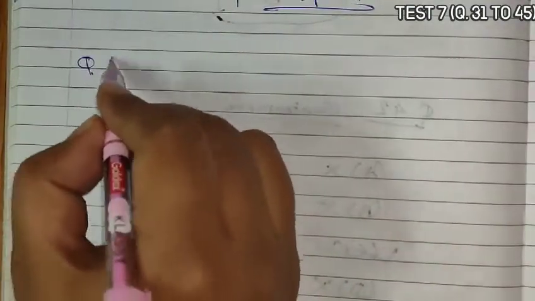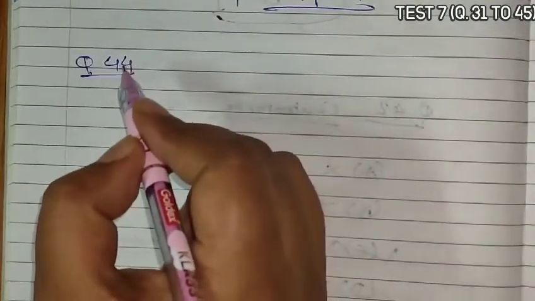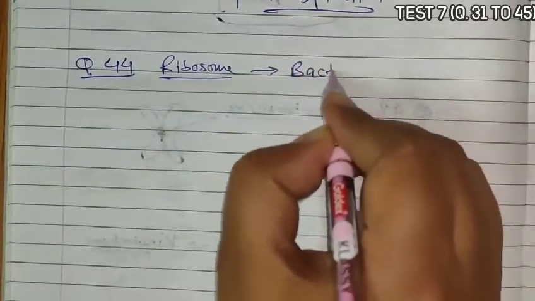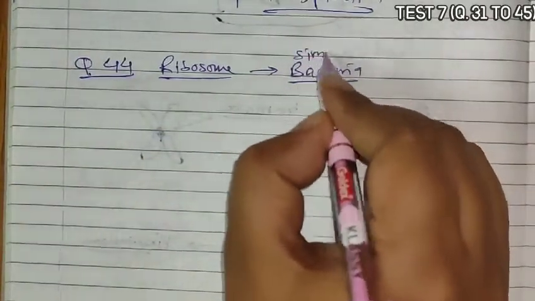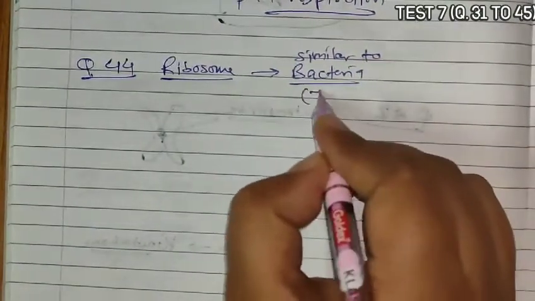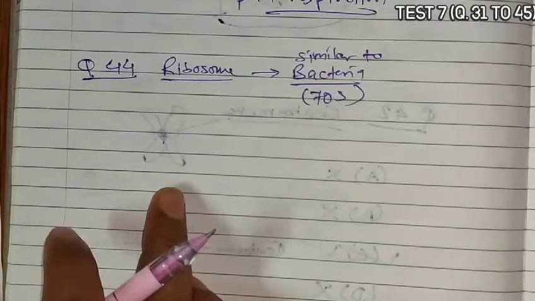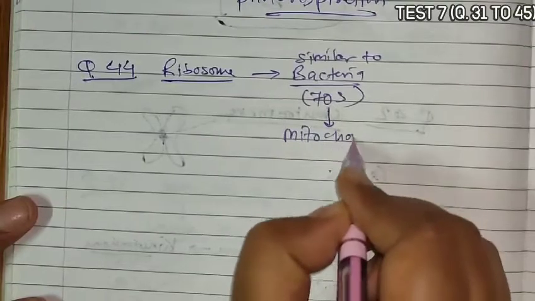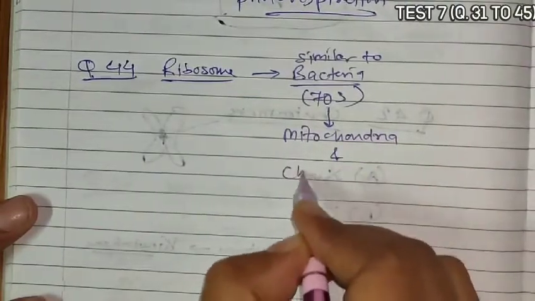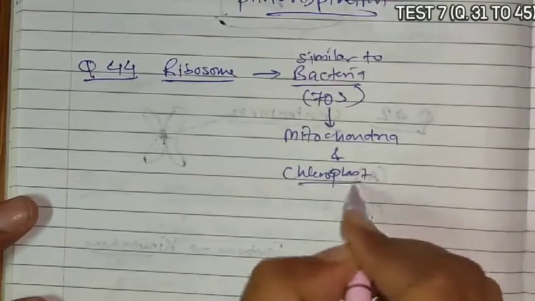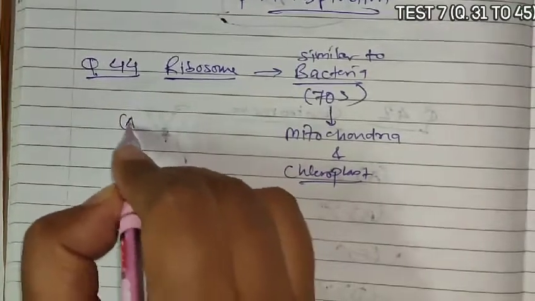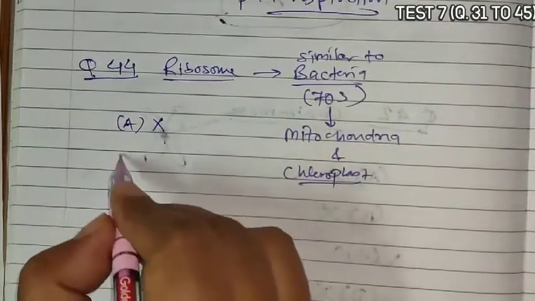Next is question number 44. Question 44 asks that ribosomes similar to those of bacteria are found in. Now bacteria have 70S ribosomes, and similar to bacteria, 70S ribosomes are found in mitochondria and chloroplast of eukaryotic cells. In the options, they have given plant nuclei, there cannot be 70S, there is 80S.